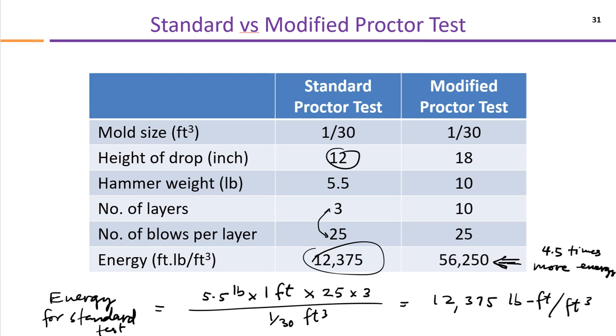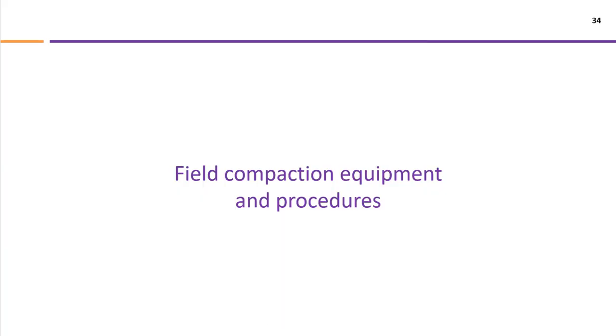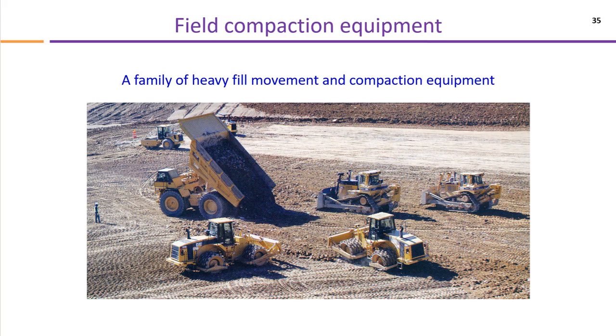Okay, now the next topic is the field compaction equipment. These are the family of earth moving equipment. The trucks, this is a dump truck, or simply you can call it a truck.